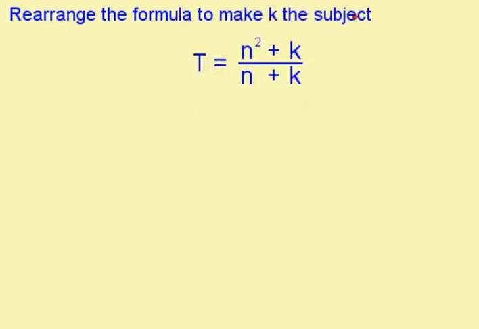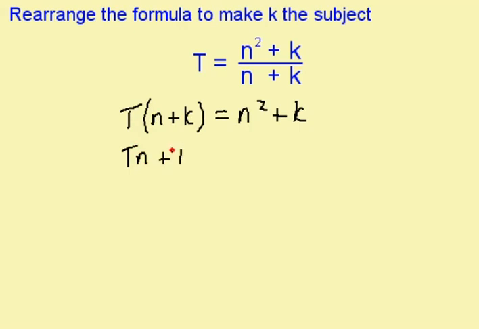To make k the subject, the first thing I'm going to do is multiply through by this factor here, m plus k. So I have t multiplied by m plus k gives me n squared plus k. I'm now going to multiply out this bracket. tn plus tk equals n squared plus k.